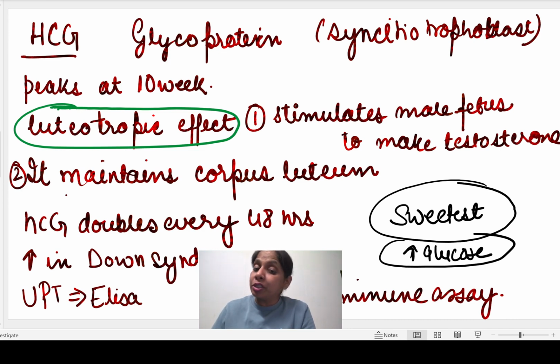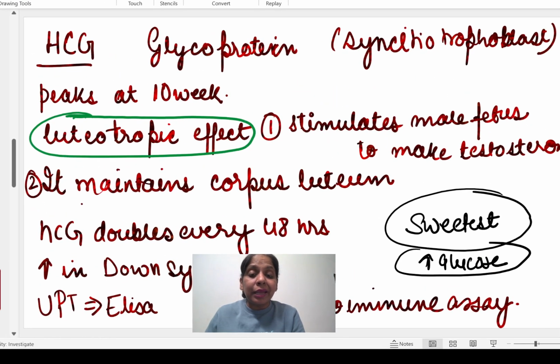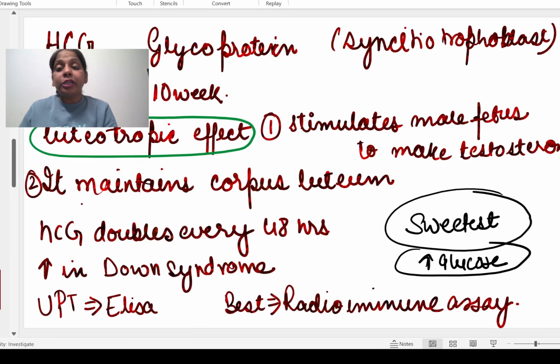It is HCG because of its luteotropic effect. Okay, then HCG doubles every 48 hours, and HCG value increases in Down syndrome. HCG is detected by the UPT method, in which we use the ELISA method, and the best HCG method is the radioimmune assay. HCG is known as the sweetest hormone because it has the highest carbohydrate content.